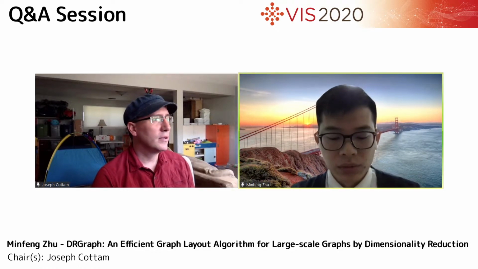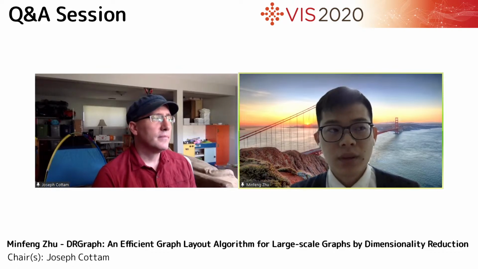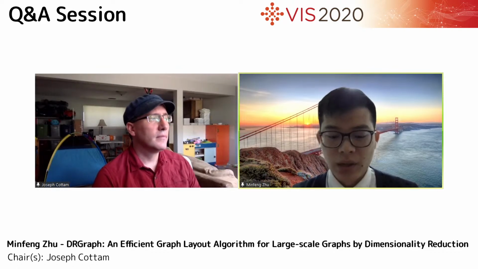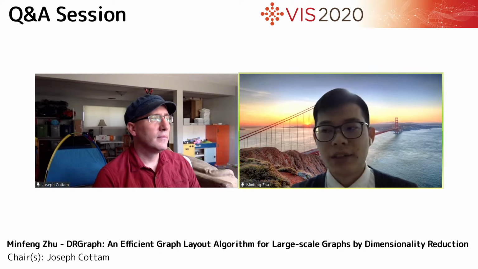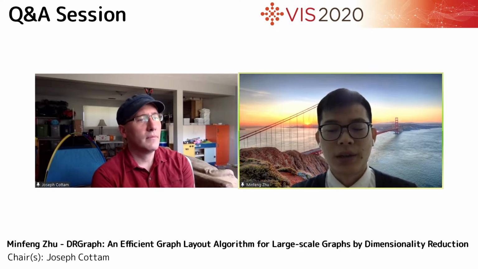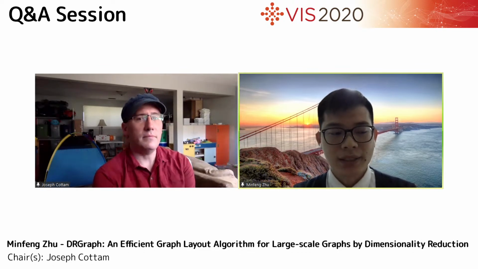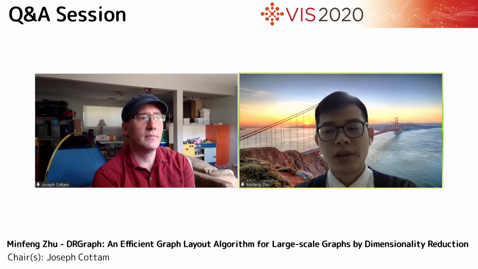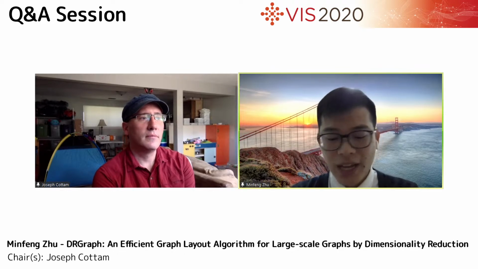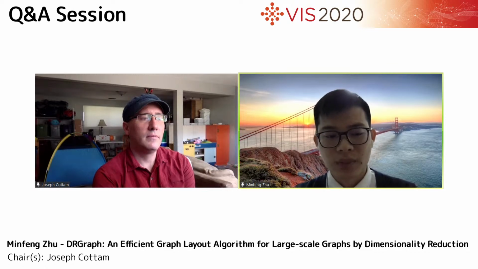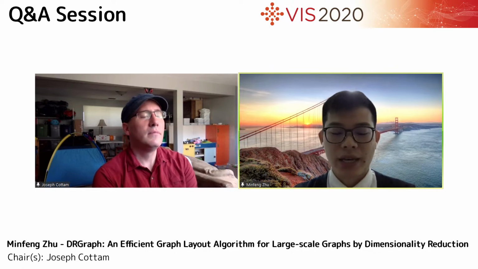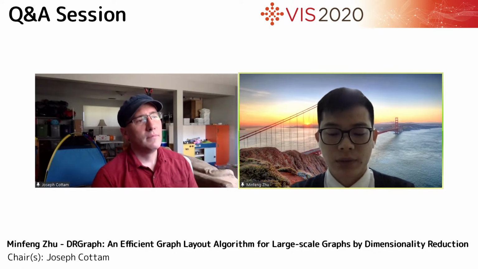When we zoom into details, generally our DRGraph will generate a very fine layout, but there are some issues in our algorithm, such as we have some very long edges because we use the negative sampling technique that reduces the gradient computation greatly, but which makes the gradient very unstable.